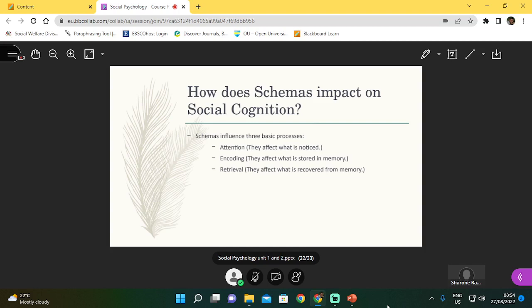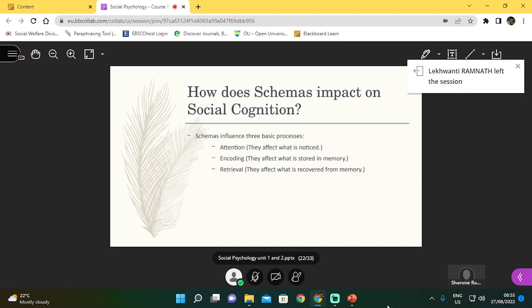But for you to behave in a particular way, it's what we call schema. Had we spoken about mental schemas last time? So, what are schemas?